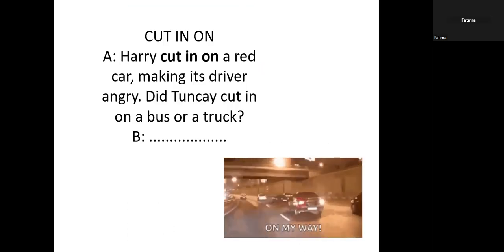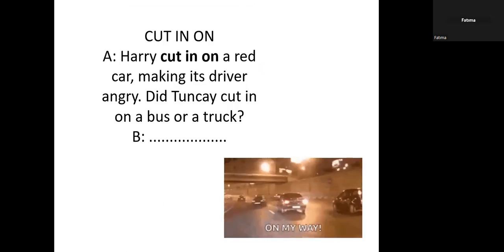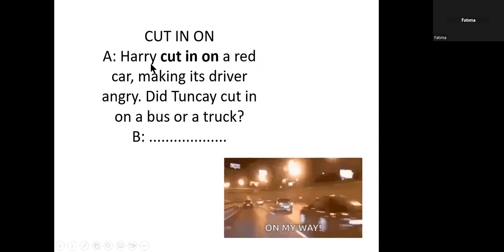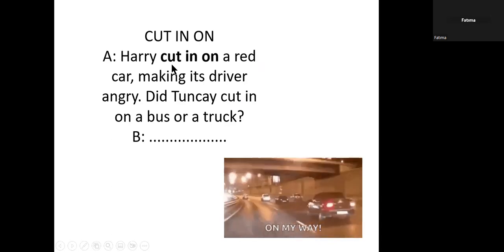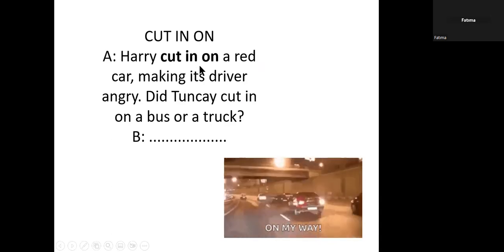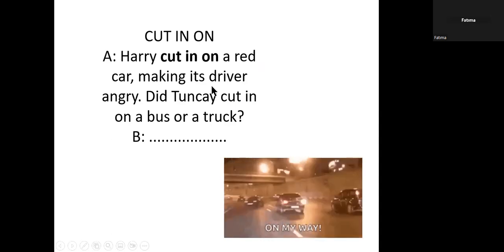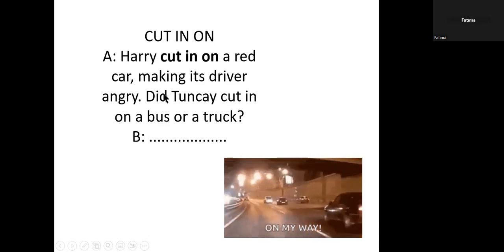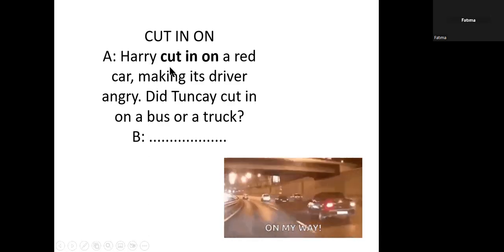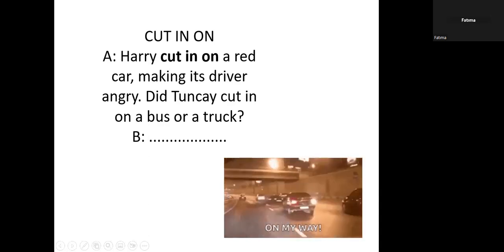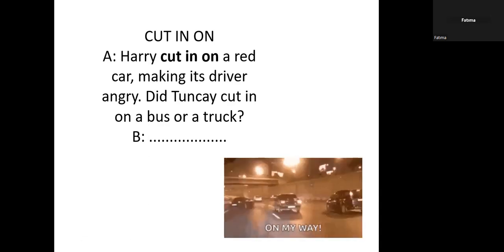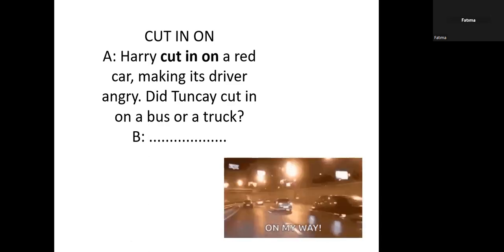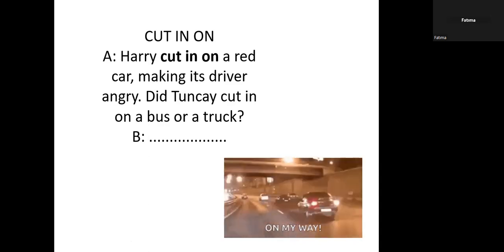Now this is the second meaning, in a dangerous way, cutting in on a moving car. Harry cut in on a red car, making its driver angry, of course. So Harry drove in front of a red car dangerously yesterday.